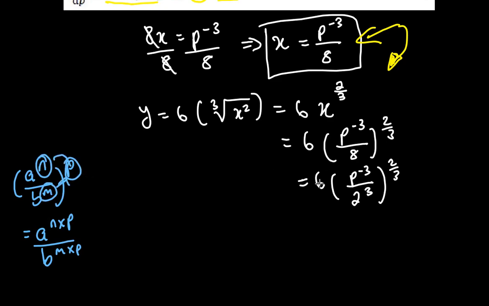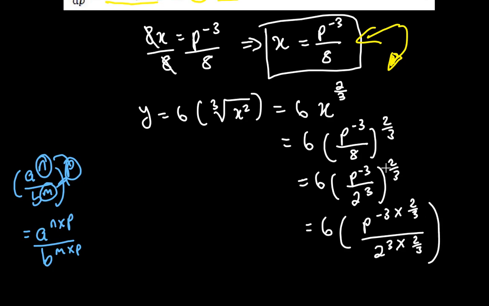So we do a similar thing here, so that we now have 6 into p to the power of negative 3 multiplied by 2 over 3, all divided by 2 to the power of 3 multiplied by 2 over 3. So I multiply this exponent by that, and I multiply this exponent by that.